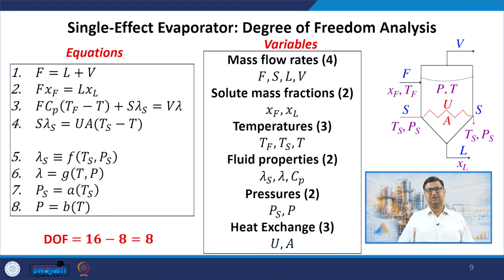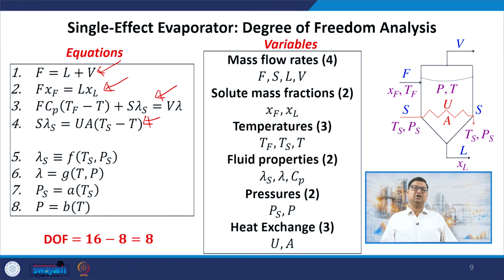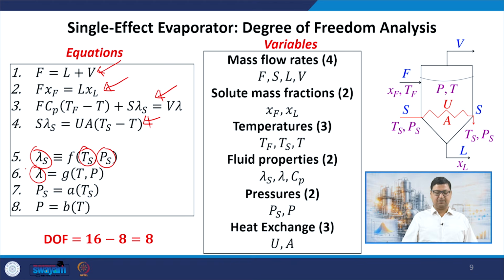Now we have the entire set of equations that we need for the single effect evaporator. What are those equations? We have an overall mass balance, a solute mass balance, an energy balance, and finally a heat exchange equation, right. In addition to that, I am going to get the latent heat from the steam table. In general, we can imagine that the latent heat of the steam can be a function of the temperature and pressure of the steam, and the latent heat of the liquid can be a function of the temperature and pressure of the liquid.